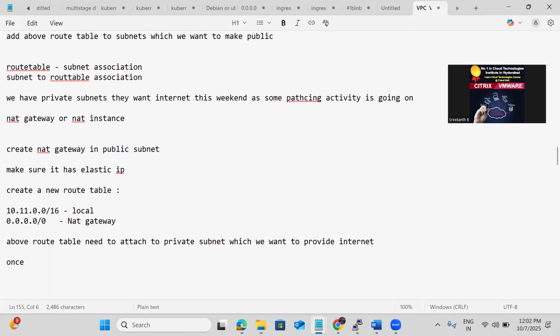Assume once the patching activity is done, bring back the main route table. So don't keep it permanent.